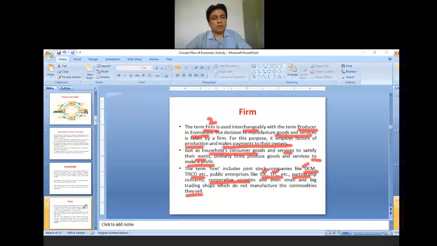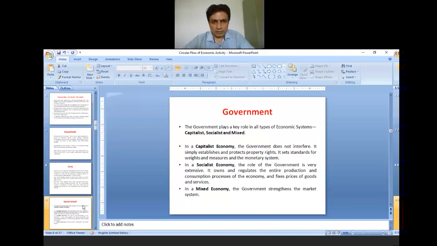Now we discuss the third component, which is the government. The government plays a key role in all types of economic systems. Basically, there are three types of economic system.